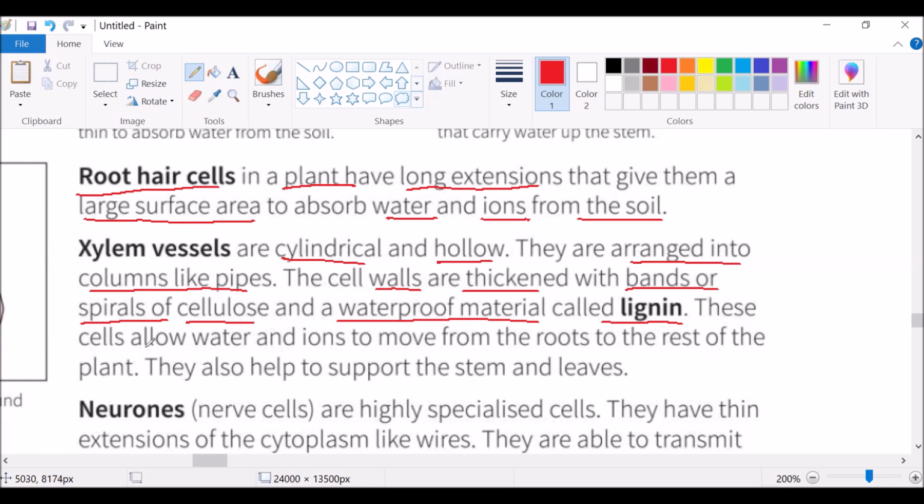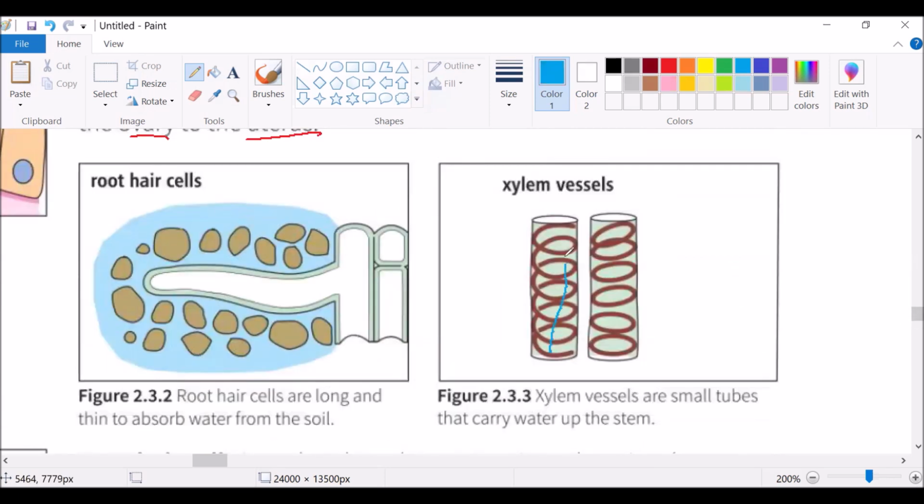These cells allow water and ions to move from the roots to the rest of the plant. They also help to support the stem and leaves. So their structure includes a waterproof material called lignin, and they are hollow to allow water to move up from the roots right up to the leaves.